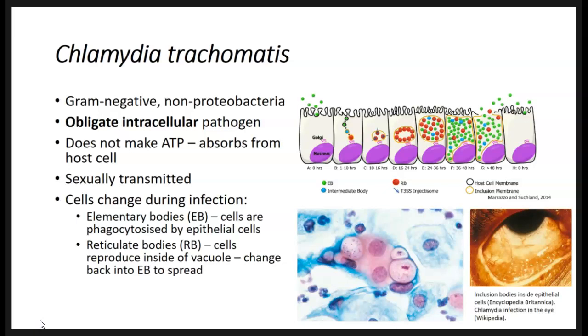Once those bacteria are inside, they move themselves into vacuoles and then change into reticulate bodies. These are the cells that reproduce inside of the vacuole. Then they change back into elementary bodies to spread outside of the cell.